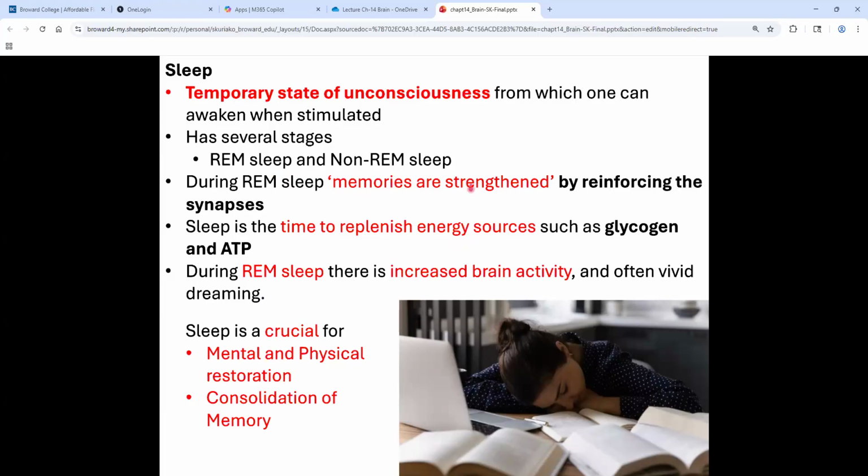And during REM sleep, your memories or your learning is strengthened. That is when what you learn is consolidated. So you need sleep if you want to remember. Part of memory is to reinforce the connections.